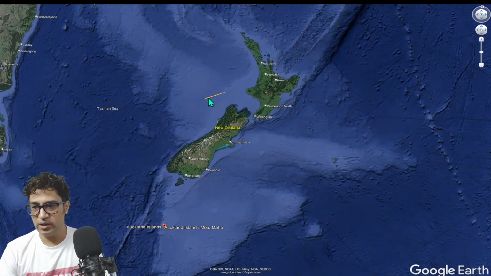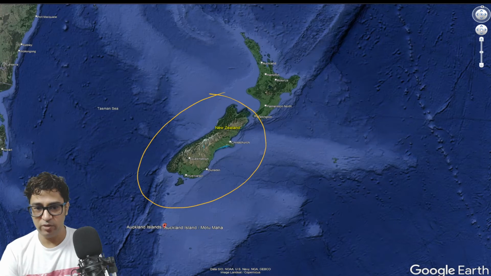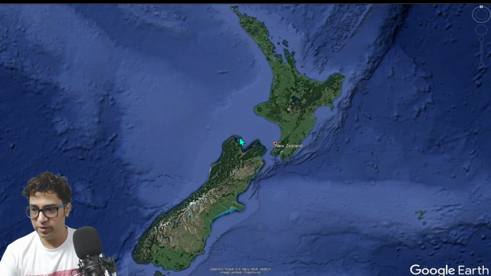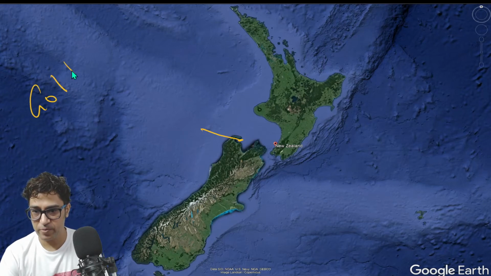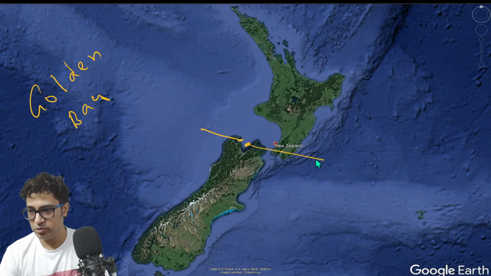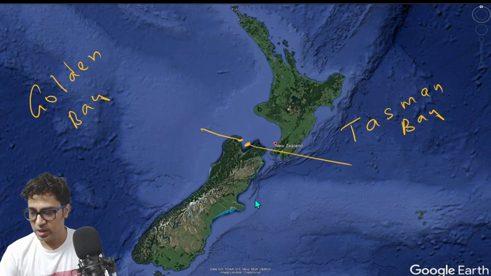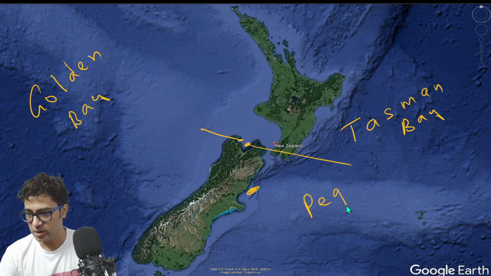Now let us look at the water bodies surrounding the South Island of New Zealand. Let me give you a zoomed in view. This region that you see here is the Golden Bay. And this region is the Tasman Bay. And this region is the Pegasus Bay.